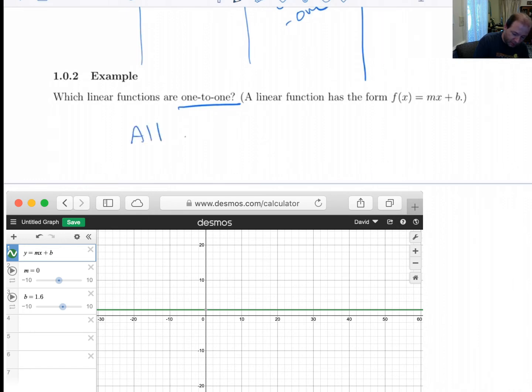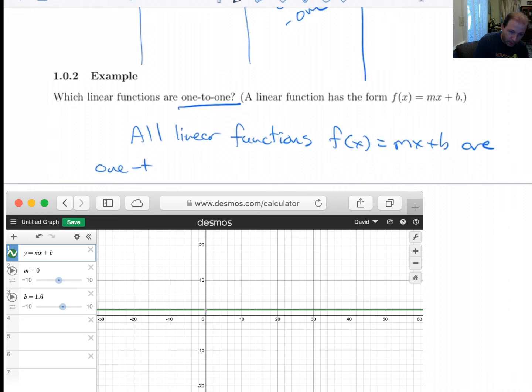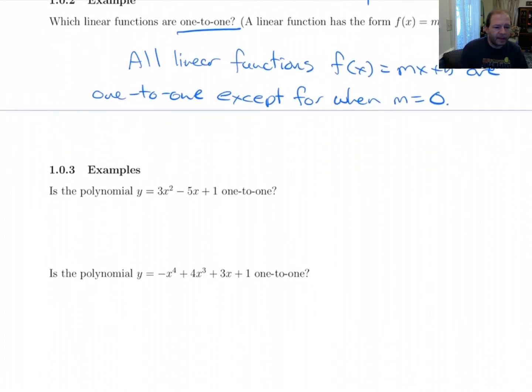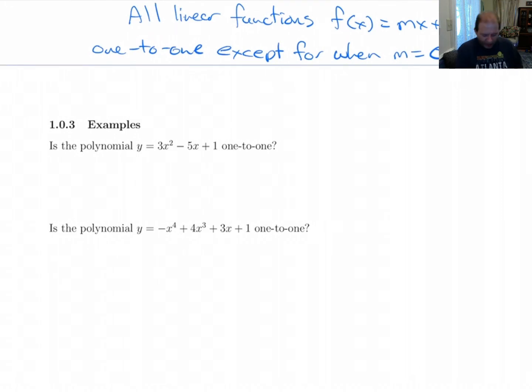All linear functions are one-to-one, except for when m equals 0. All right, let's look at a couple more. We could just graph these and get the answer.